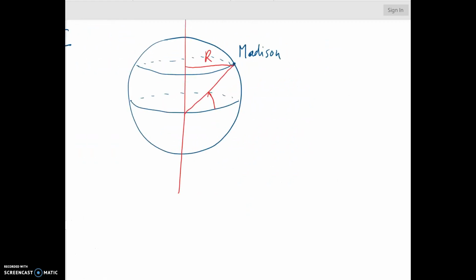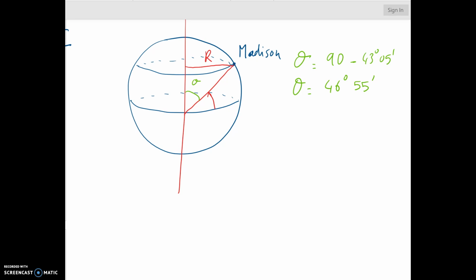If I call this angle theta, theta is equal to 90 degrees minus 43 degrees 05 minutes, which gives me an angle theta equal to 46 degrees 55 minutes.